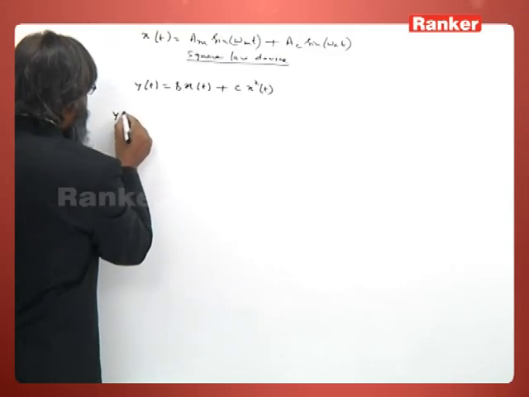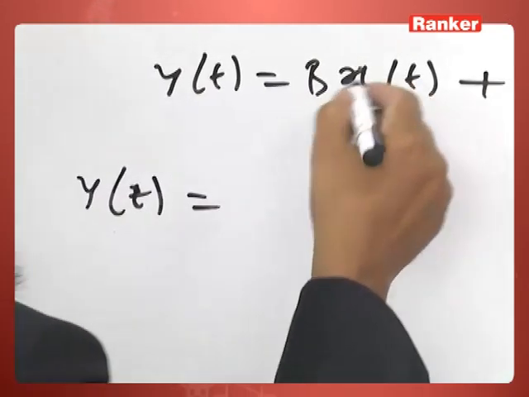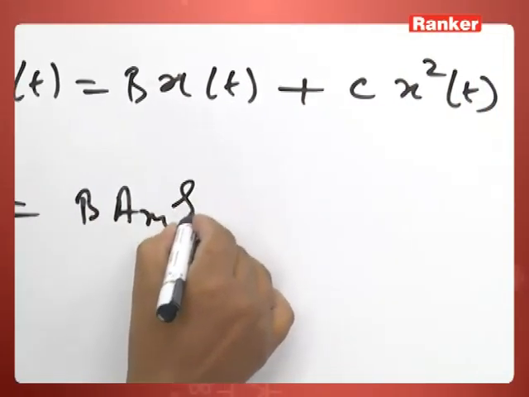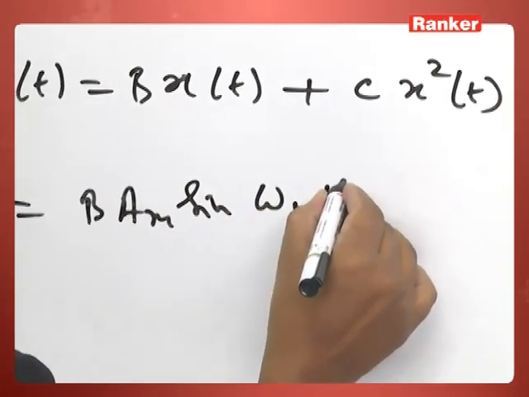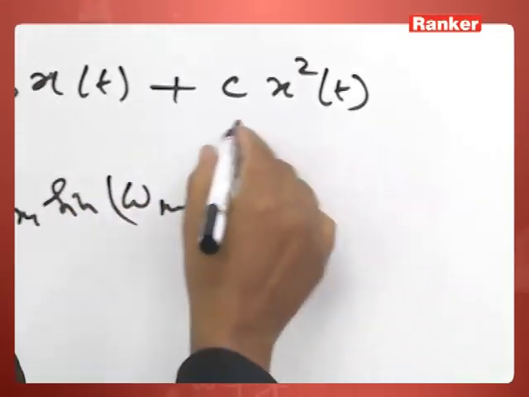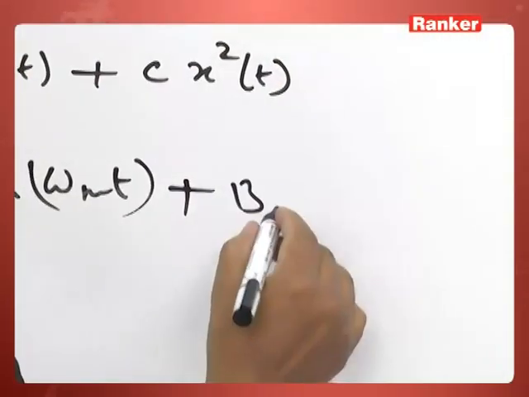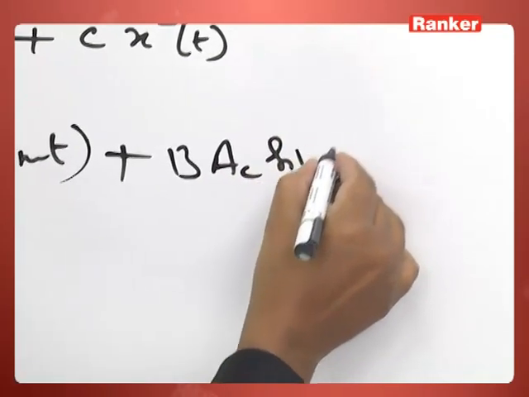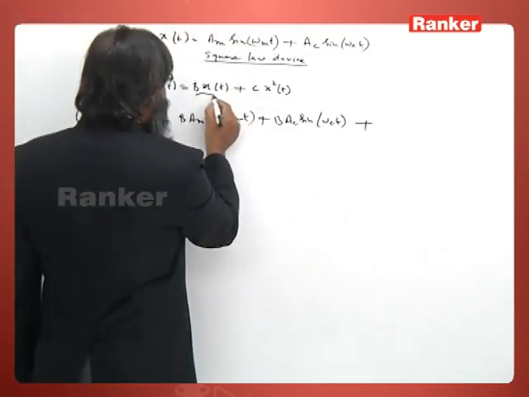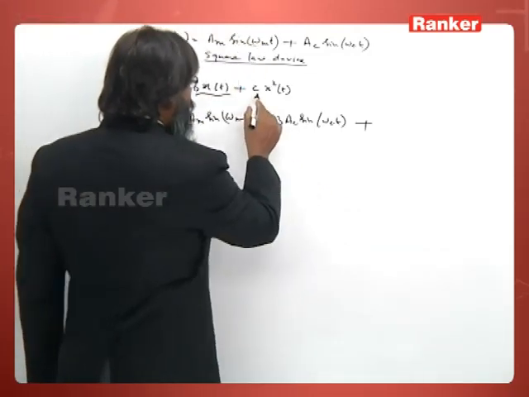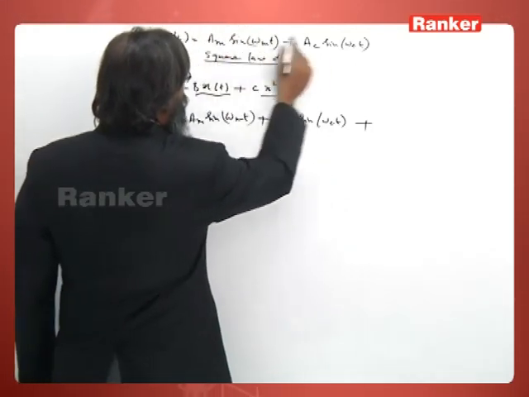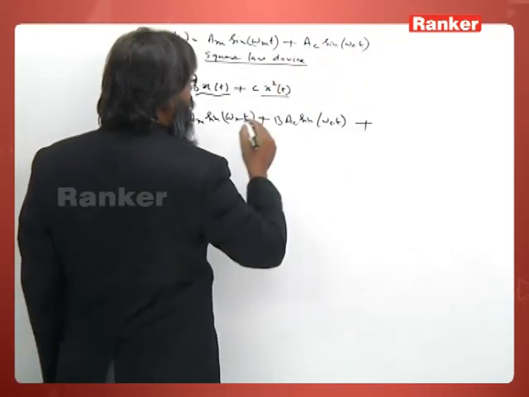So we will get y(t) as b times this whole term. This is b Am sin ωm t plus b Ac sin ωc t. This part is completed. Now the c part: c times the square of this, the square of a plus b is a squared plus b squared plus 2ab.